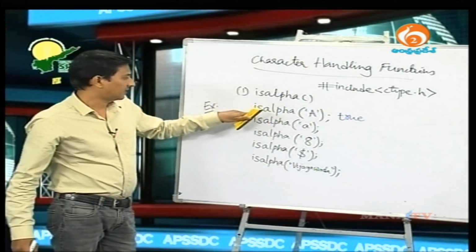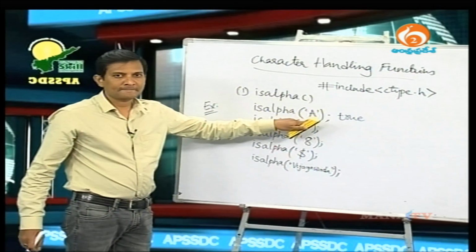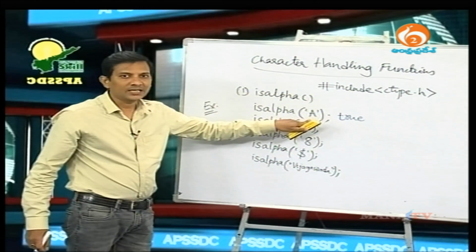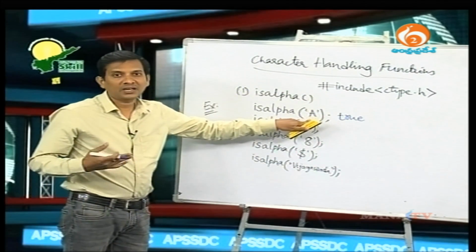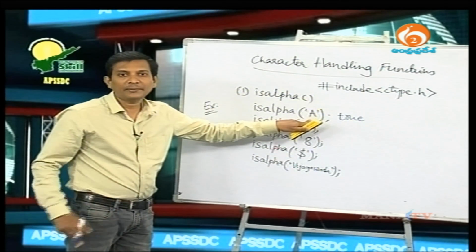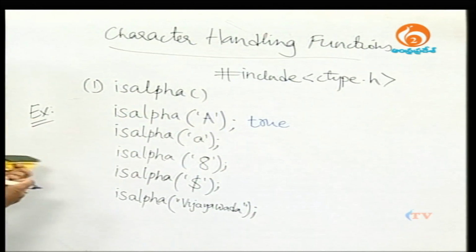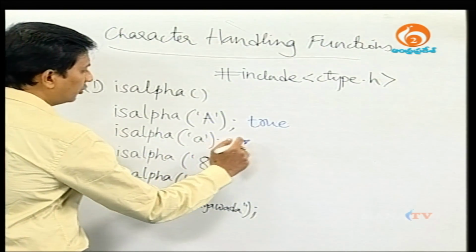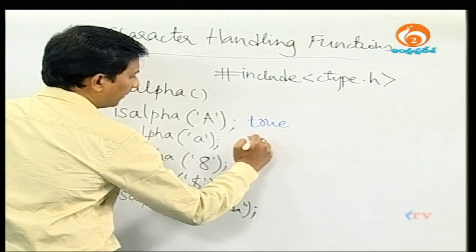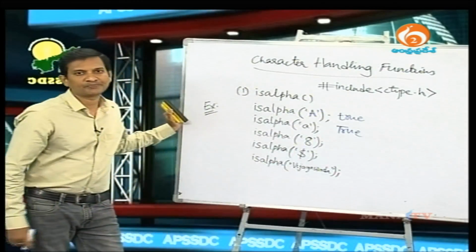First one, isalpha of 'A' within single quotes. I am checking whether it is an alphabet or not, so it gives true. Second also, isalpha of small letter 'a', here also we will get true.